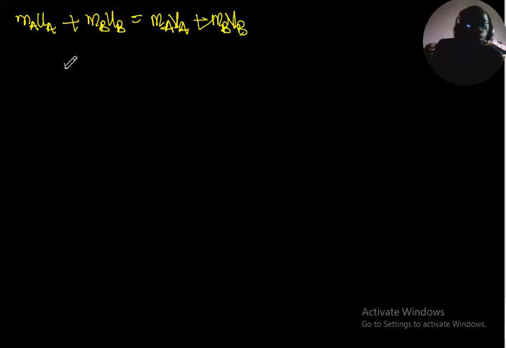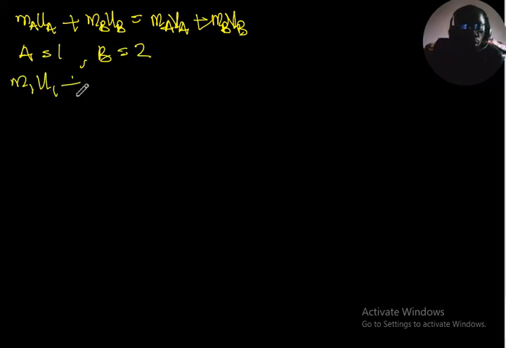But in this question, we are having M1 and M2, so A becomes 1, B becomes 2. So this law becomes M1 U1 plus M2 U2 equals M1 V1 plus M2 V2. This is the principle of conservation of linear momentum.